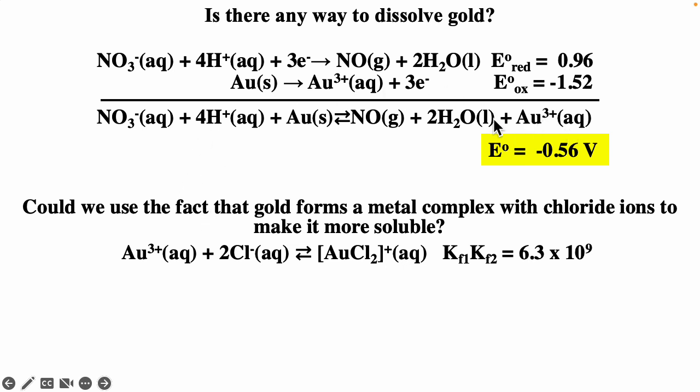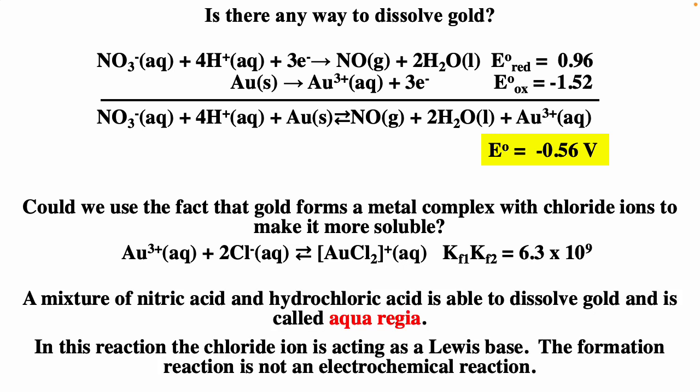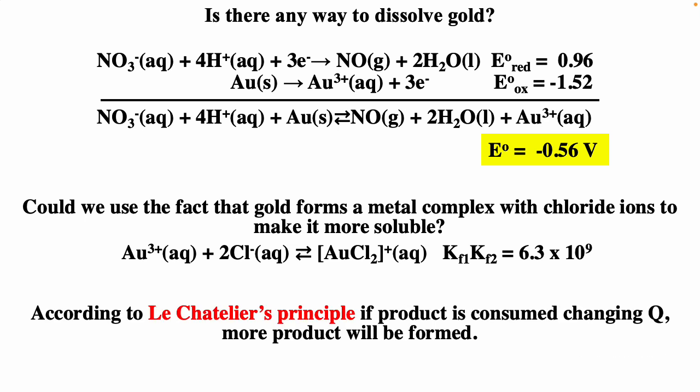This is just an example of Le Chatelier's principle. And so you can dissolve gold using aqua regia, which is just a mixture of hydrochloric acid and nitric acid. Again, you can think about this in terms of Le Chatelier's principle. You're getting a little bit of the gold ions into solution, and then you're complexing them. And so you're removing some of the products, pushing this reaction farther to the right.